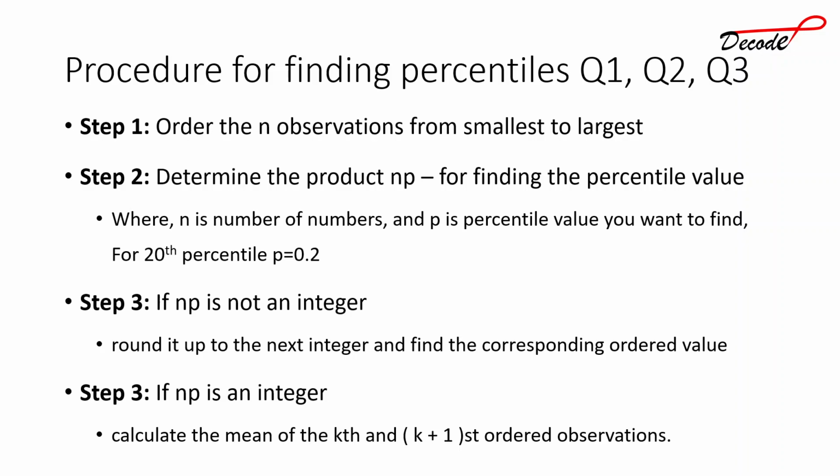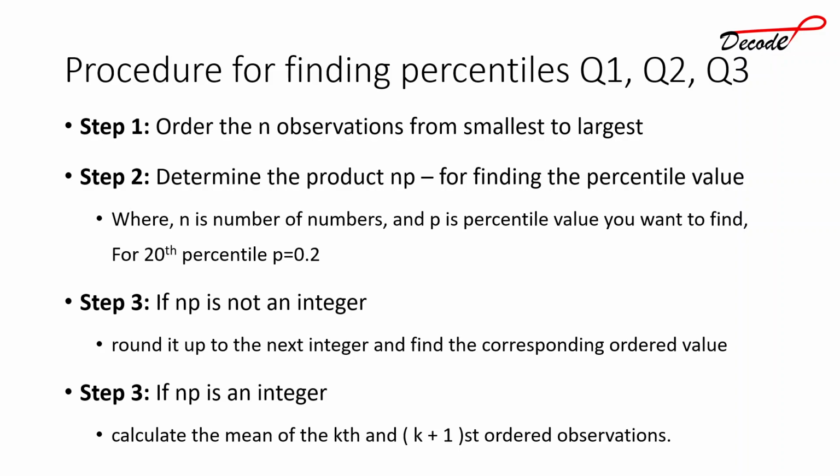We had seen this procedure for creating the box plot, or finding out the percentile or the quartiles Q1, Q2, Q3, in the previous video also. Let me brief through the procedure again. The very first step is to order the values in increasing order. The second step is to determine the product of NP. N is the number of observations in the sample. P is the percentile value you need to find out.